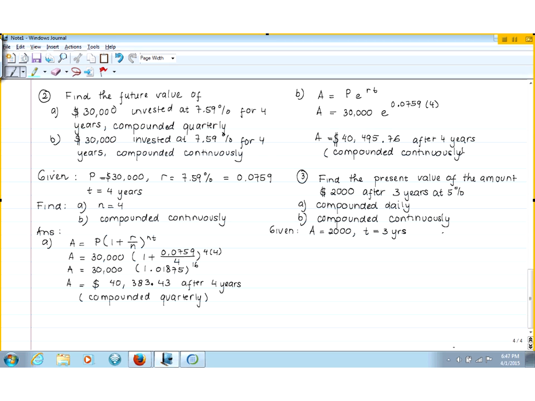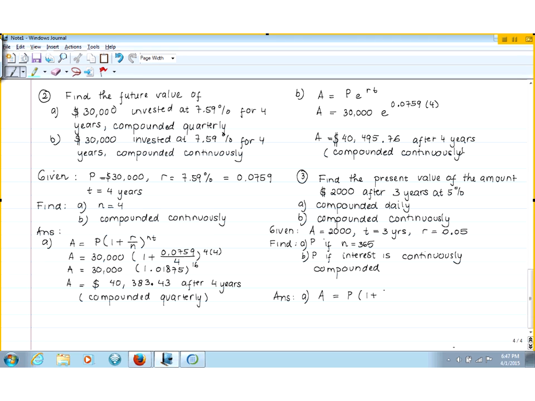The future value is $2,000, T is 3 years, and the interest rate is 5%, so we have to change it to decimal, 0.05. Find P if N is equal to 365. So what is the present value if it is compounded daily, and B, find P if the interest is continuously compounded. All right, so let's answer it on the next page.